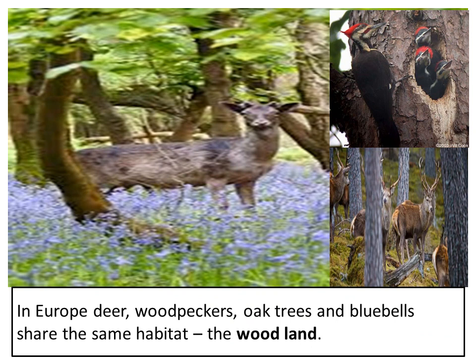For example, in Europe, deer, woodpeckers, oak trees, and bluebells share the same habitat, which is the woodland. So in the woodland in Europe, I will find deer, woodpeckers, oak trees, and bluebells. They all share the same habitat.